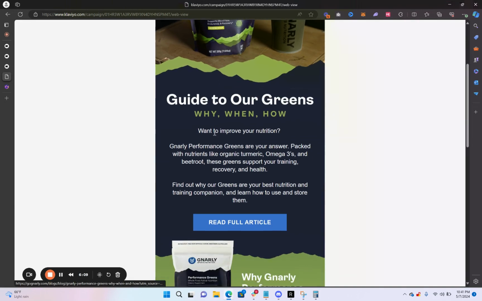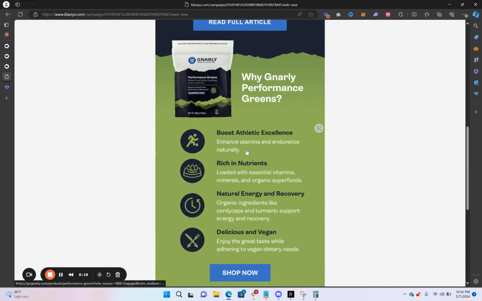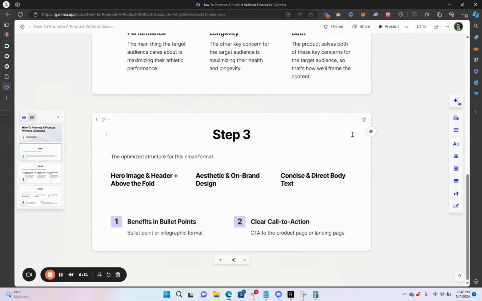You don't want to do that. So do a couple sentences for the body text here. Just be very direct in terms of how it actually supports them. What is the value proposition here? And then again, focus on the ones that are the most relevant and directly communicate how it's actually going to benefit their situation and improve their lives essentially.